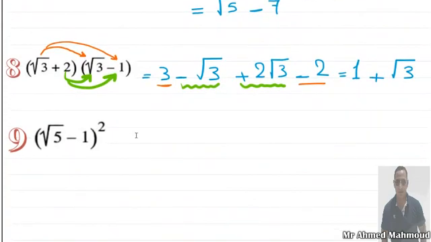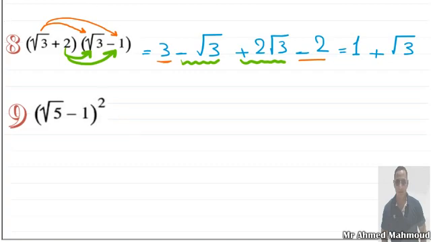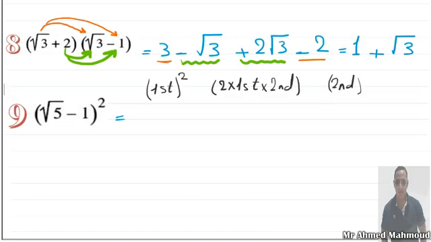Finally, we have root 5 minus 1 all to the power of 2. Okay, in that case, we are going to expand this one by the rule. This rule is first power of 2, and 2 times first times second, and second to the power of 2.